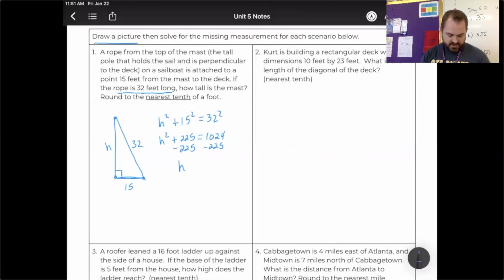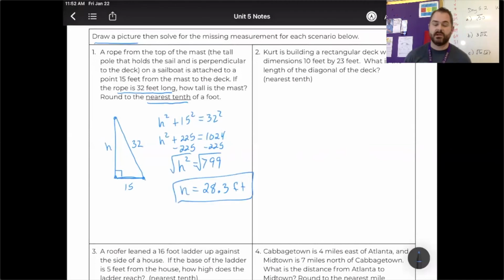We get h squared is 799, but remember we have to do the square root now. So h is just 28.3 feet. And we can approximate to the nearest tenth, round to the nearest tenth, on all these application problems. It says so in each problem.